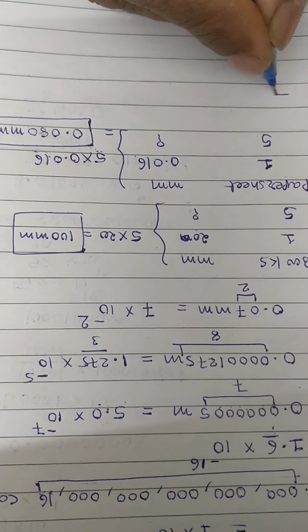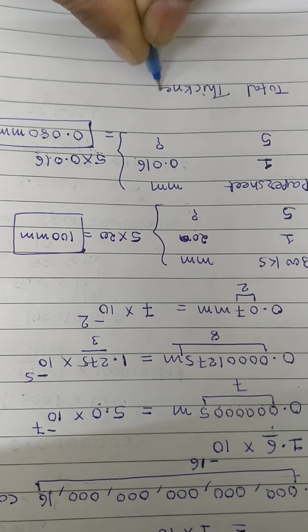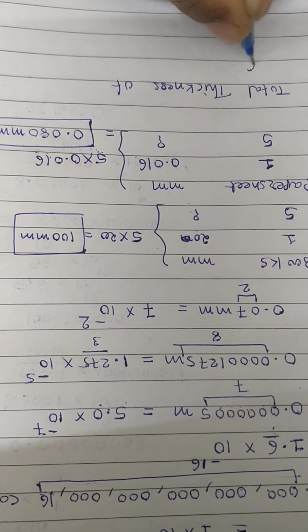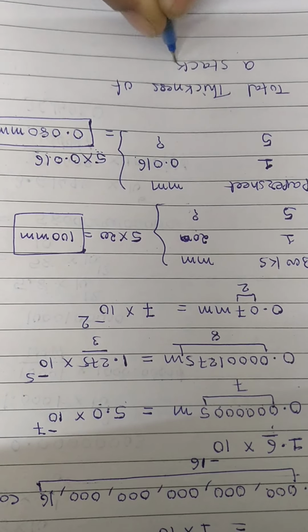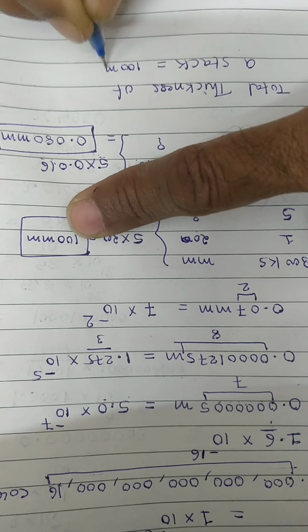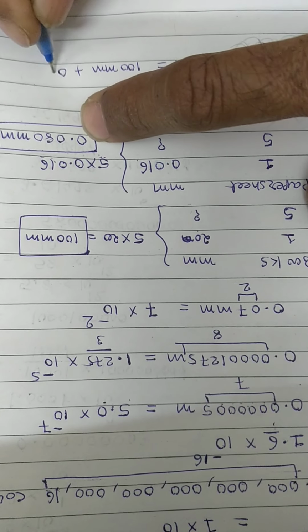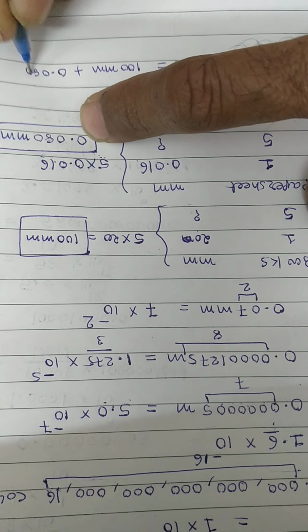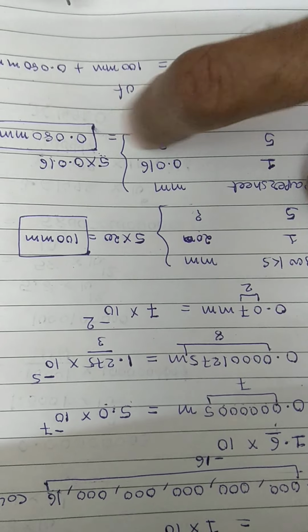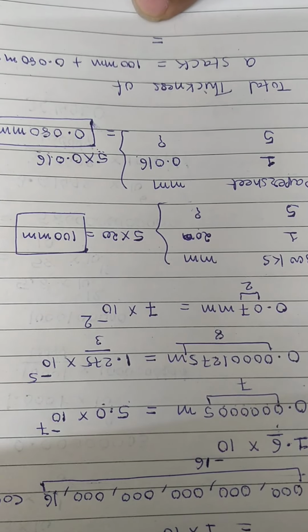So the total thickness of the stack is equal to the thickness of 5 books plus the thickness of 5 paper sheets. Okay, we should take the addition because they asked us total thickness.